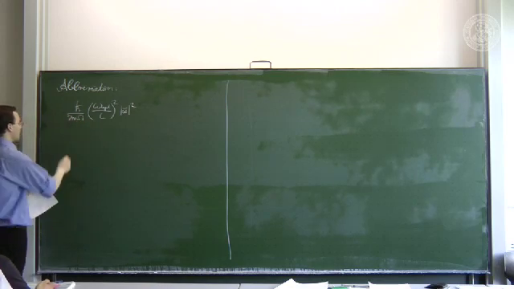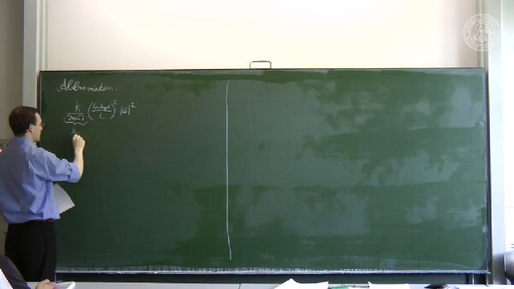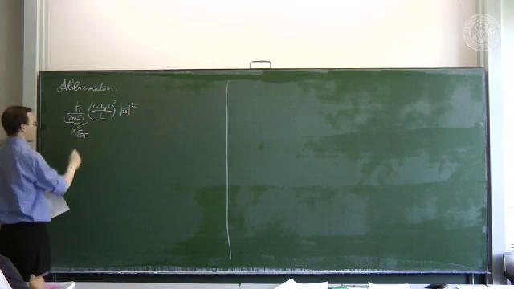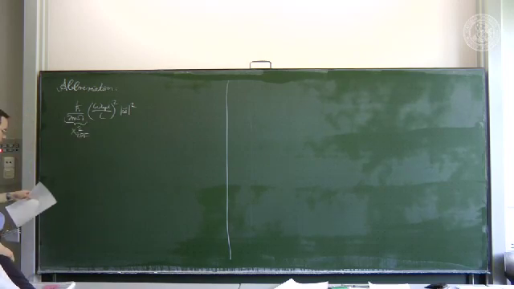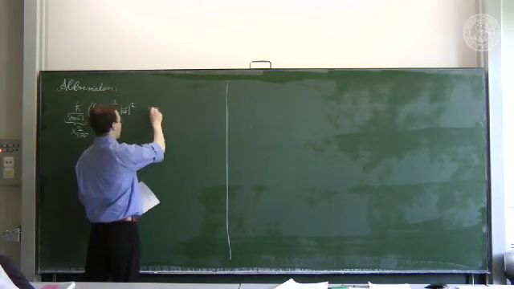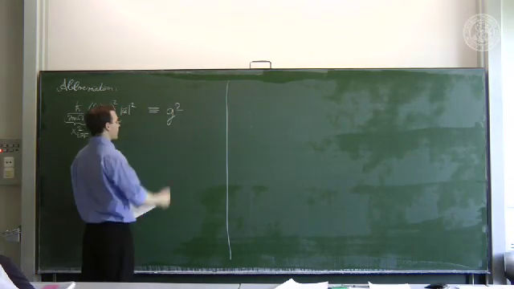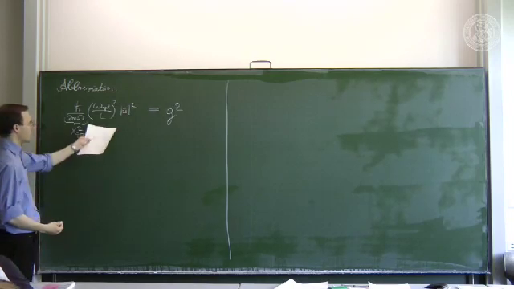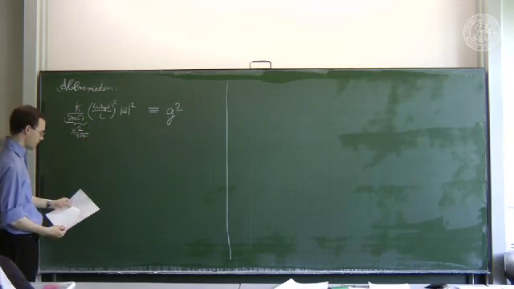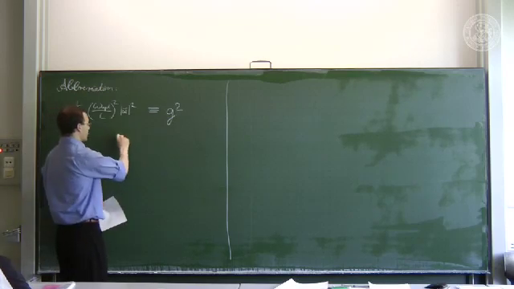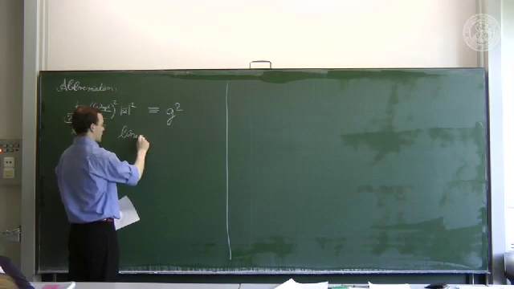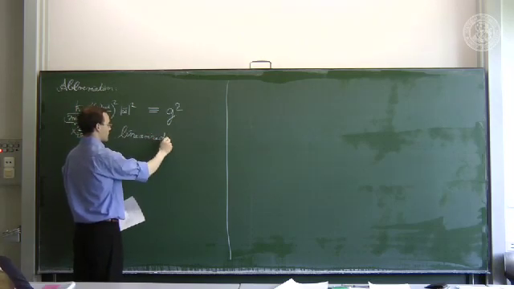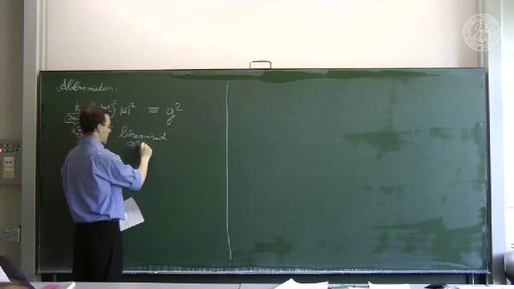But this you recognize, this is nothing but the mechanical ground state. So all of this I want to call G squared. And G is a kind of coupling strength between light and mechanics that in this case depends on the intensity. So later on we will see that it's reasonable to call this the linearized optomechanical coupling strength.